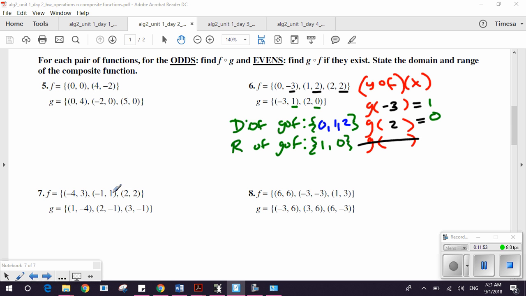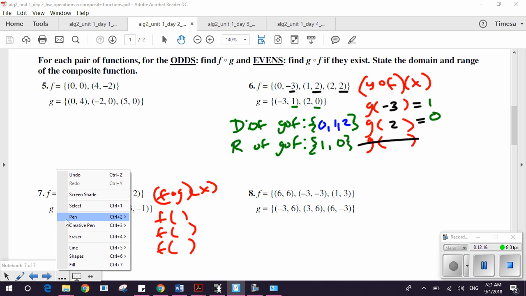All right, for number 7, since it's an odd problem, we're going to do F of G. So F composition G. That means my candy or outer shell is F. So go ahead and write it down several times over with the blank parentheses beside. And again, we're going to fill those blank parentheses with the y values of your gum.